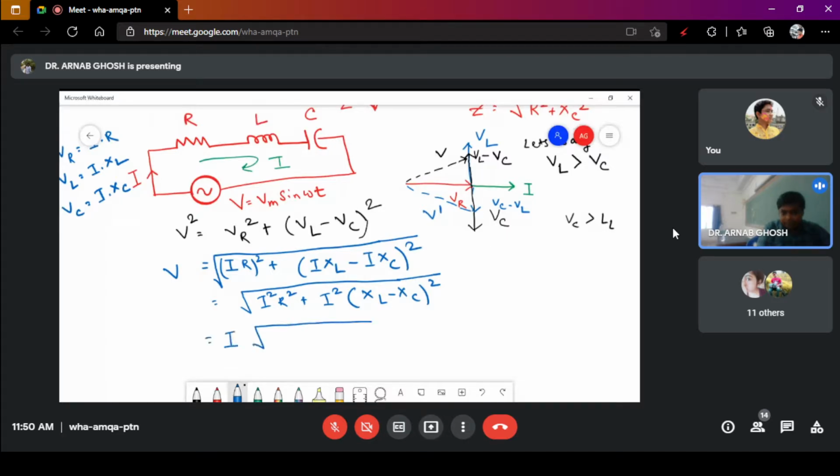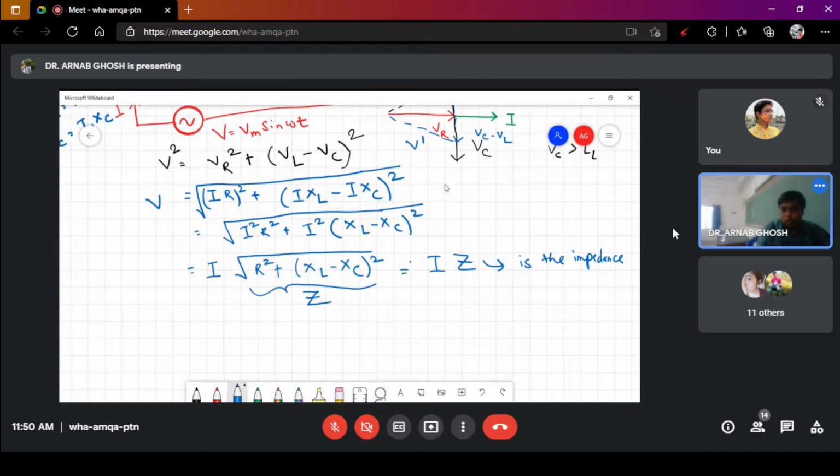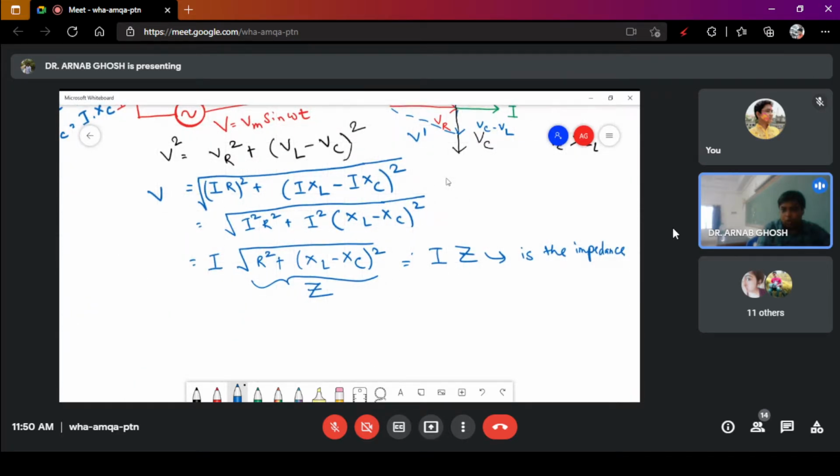So you are left with R square plus XL minus XC whole square, and this entire term is Z. This Z is the impedance of the circuit. So what is Z equal to?